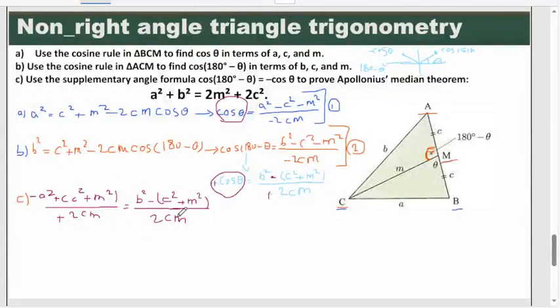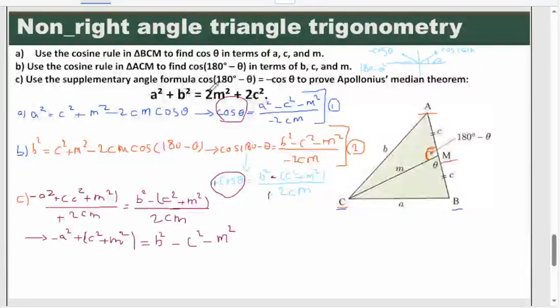They have the same denominator, so I make their numerators equal, which is negative A squared plus C squared plus M squared equals B squared minus C squared minus M squared.